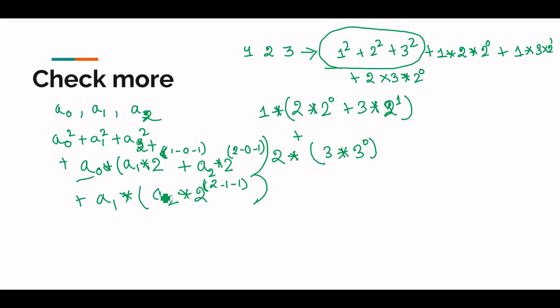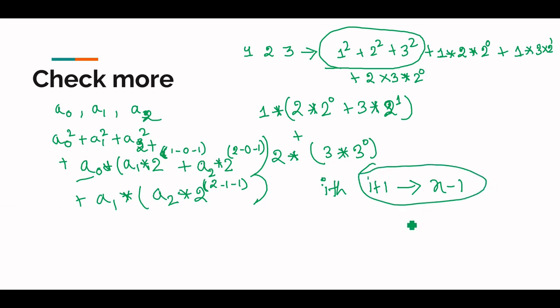Like for a0 we are starting from a1 and ending at a2, or hypothetically, for ith element we are starting from i plus 1 and ending at the nth element, or n minus 1 element if it's 0 based. So we are just following this pattern for each element: a i cross a j cross 2 to the power j minus i minus 1, where j will start from i plus 1 to n minus 1. So still it's becoming n square, and we can't go for n square.